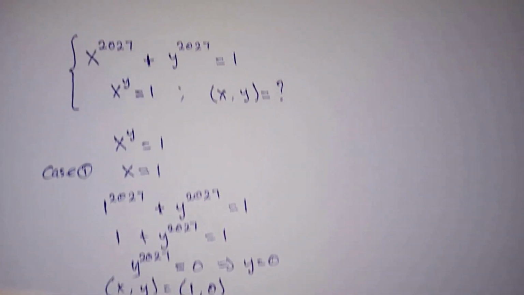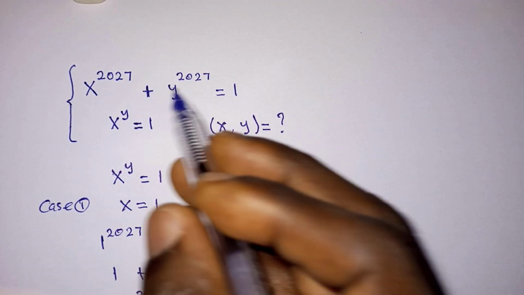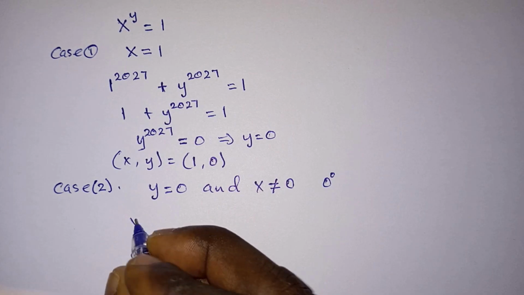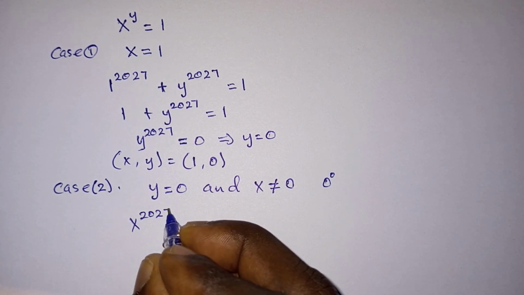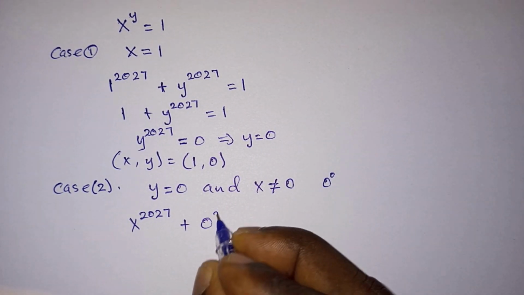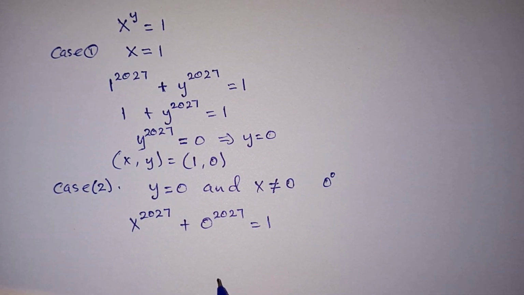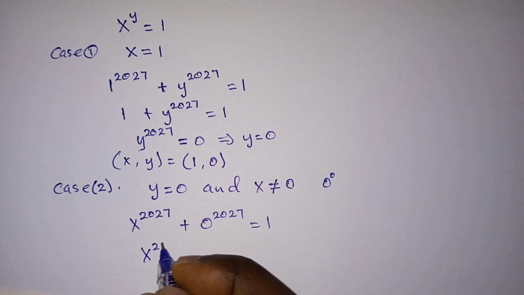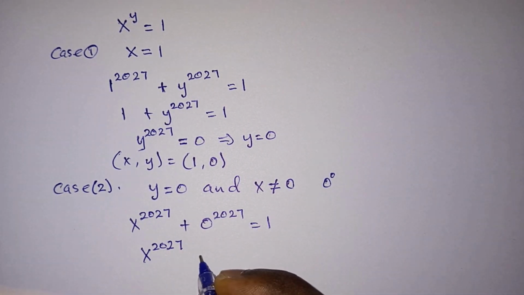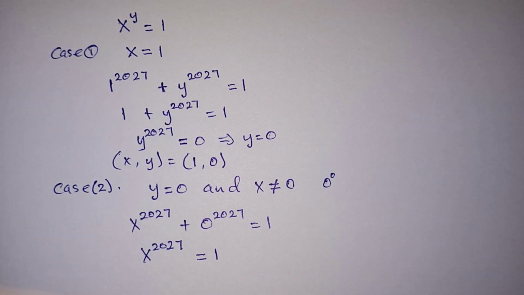So if you put this one into this equation over here, we have x to the power 27 plus 0 to the power 27 is equal to 1. And this implies that x to the power 27 is equal to 1.